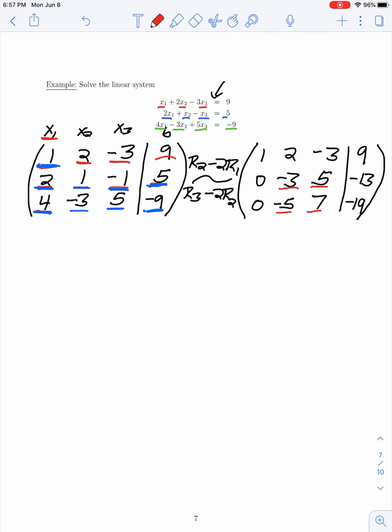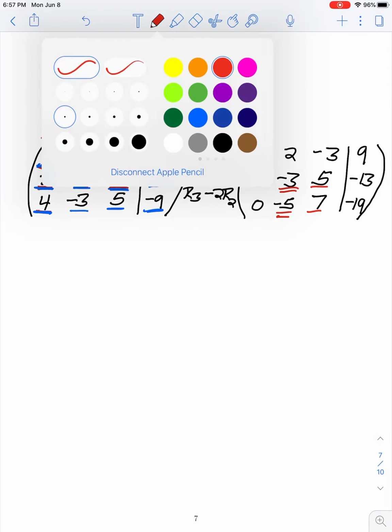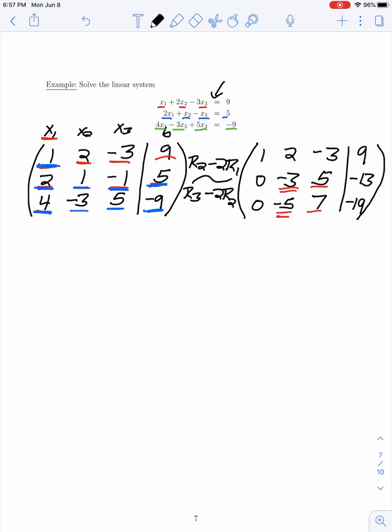One way that I could reduce the size of this x2 coefficient in my third equation would be to subtract the row before it. So in my next step, I would take row 3 and subtract row 2 from it.